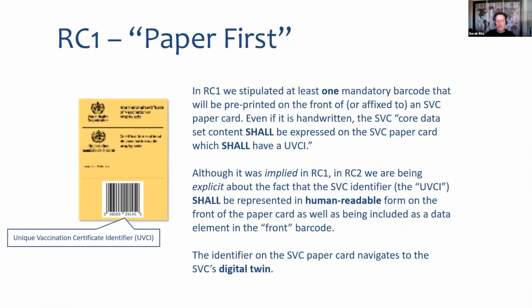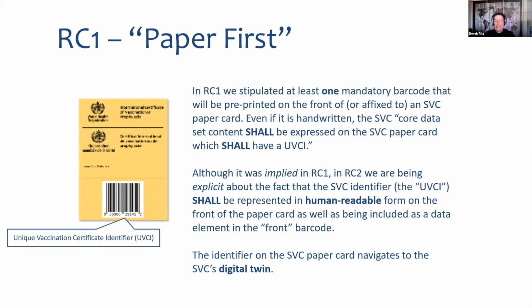WHO has issues it cannot wish away. And one of those issues is that across the 194 member states, there's quite a broad range of digital maturity. So the paper first idea is that if all you have is the yellow card that many do have that have had to travel in places where yellow fever is endemic, if all you have is a paper card, notionally, an SVC would have pre-printed on it a license plate that would navigate to the unique vaccination certificate identifier.